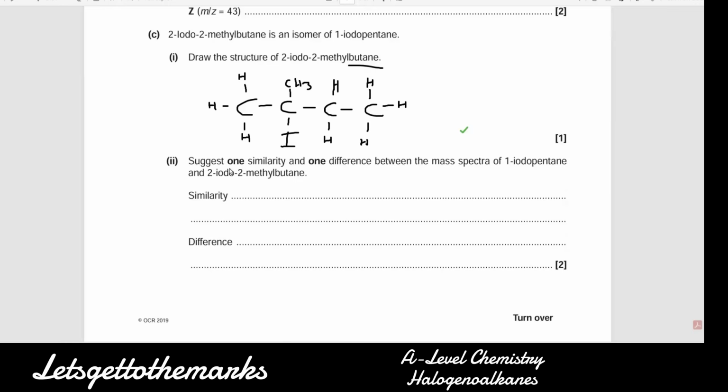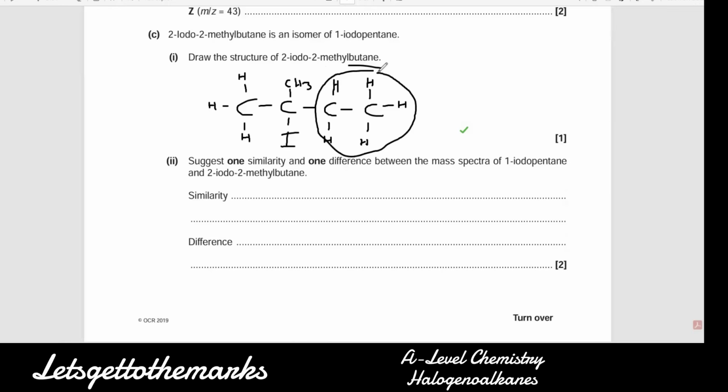I've gone displayed. Suggest one similarity and one difference between the mass spectra of 1-iodopentane and 2-iodo-2-methylbutane. So we want one similarity and one difference. Well, we can say they're both going to have an ethyl group because remember we did it before.